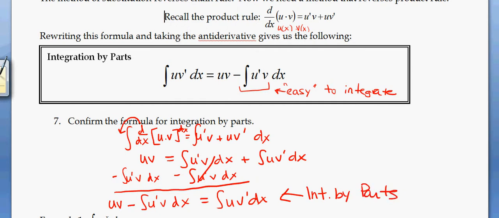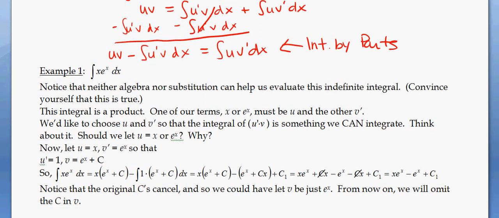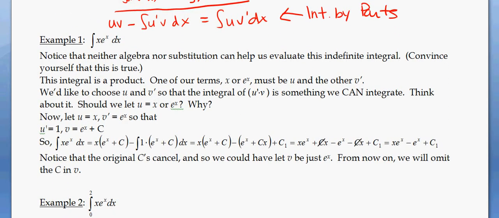Okay, so let's view an example. And I'll leave just my formula showing. So we start with x times e to the x, and the goal will be to choose one of these, either x or e to the x, to be u and one of them to be v prime.